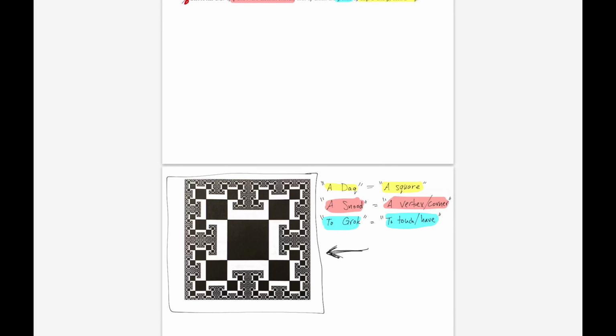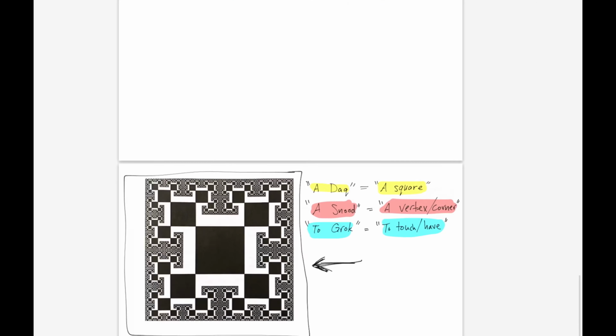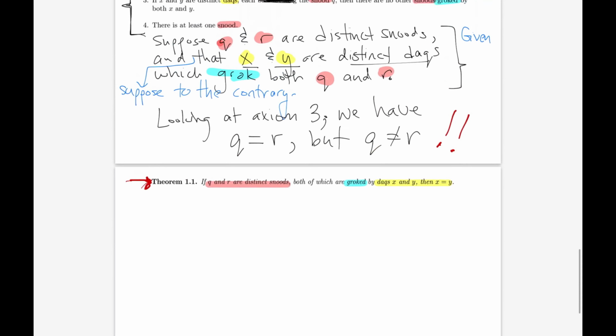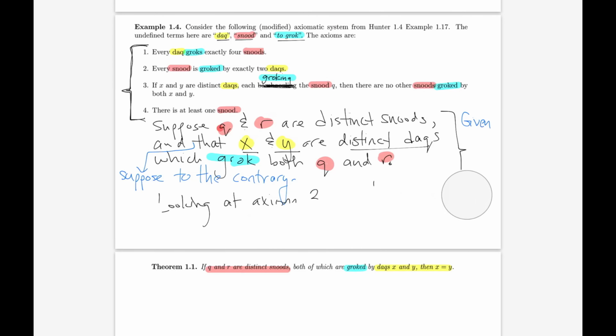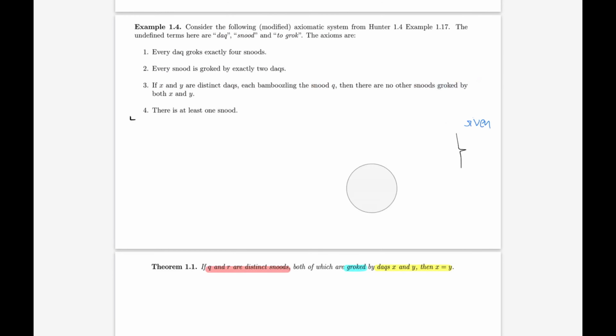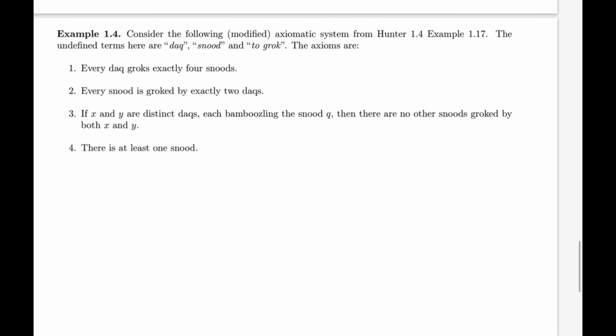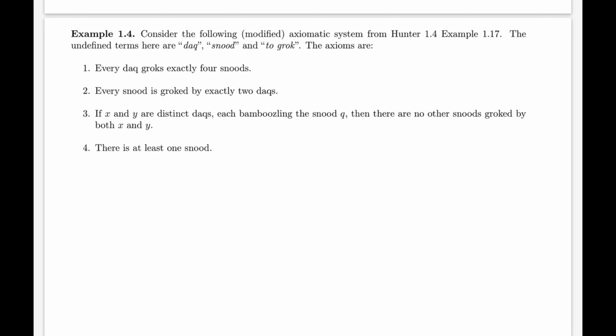So the exercise that you are supposed to do now is explain using the DAC-SNOOD axiomatic system up here, which I'm going to erase the color coding for. Using this system, your job is to explain why there must be at least 7 distinct snoods.